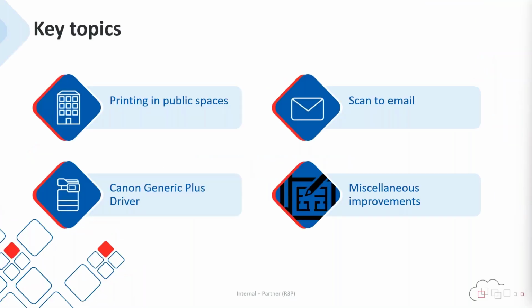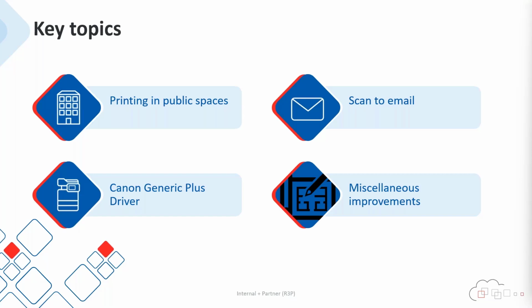So during the webinar, I will cover three main topics: printing in public spaces, which I really do like, scanning to email, and the Canon driver improvement. I believe that these topics are of more interest to the audience today, which is a sales audience.